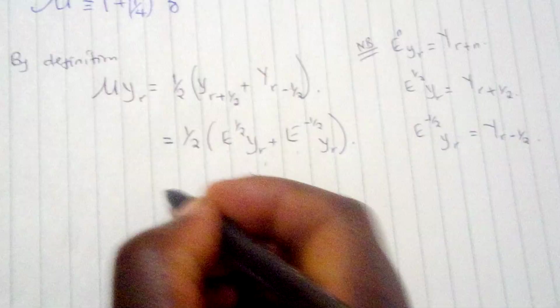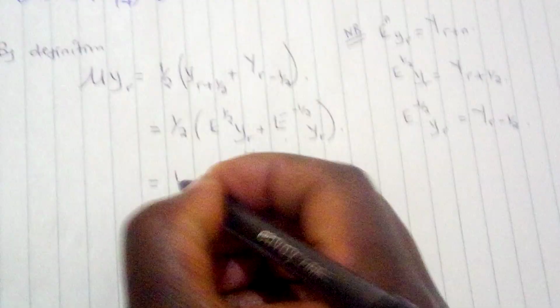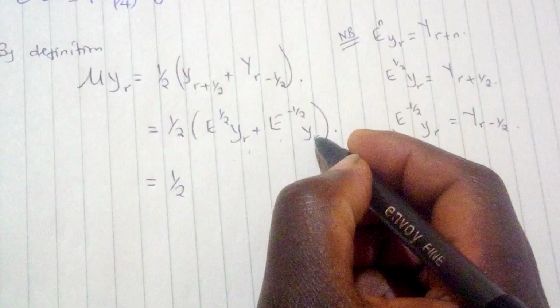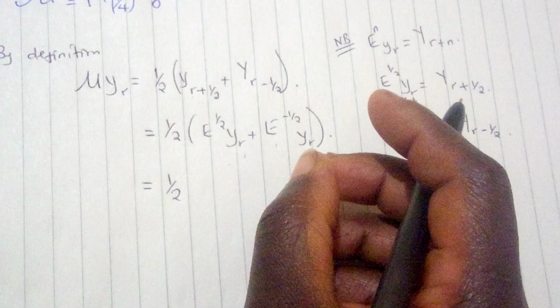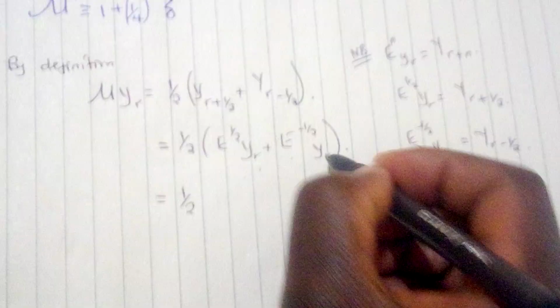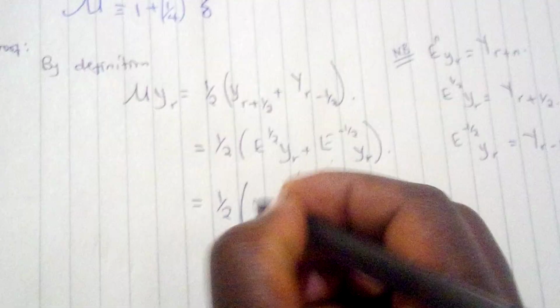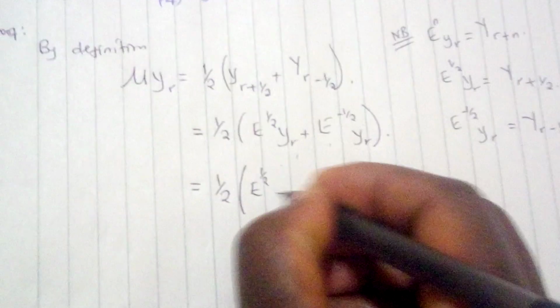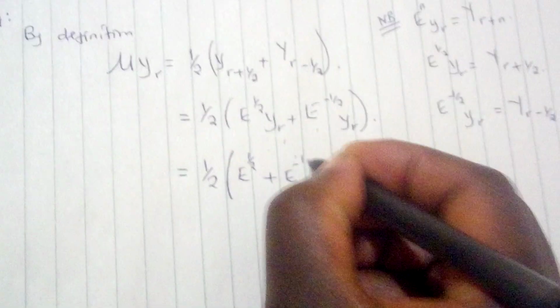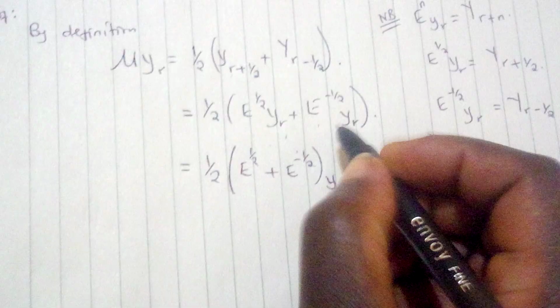So we continue. Replacing this, we have this. When we found that, we take yr as our subject function. So we have a half, e to power a half plus e to power negative a half, into bracket yr.